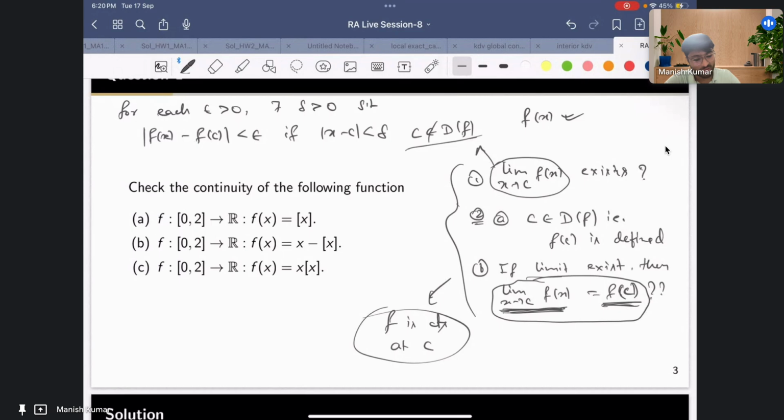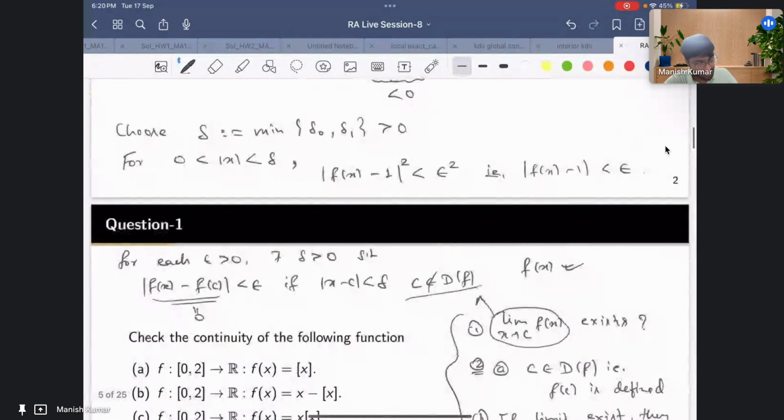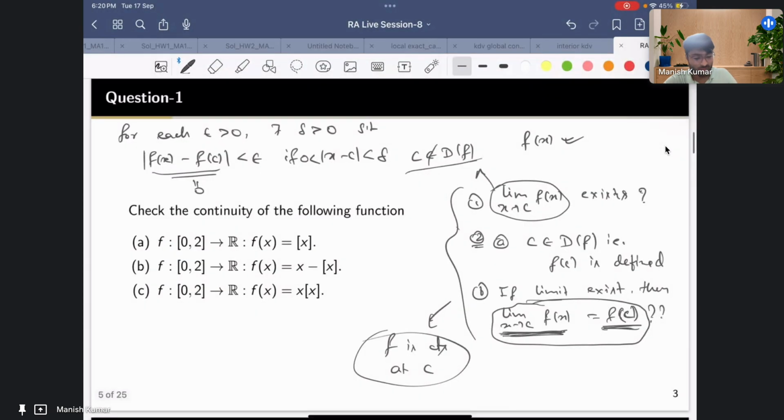If x is equal to c, then this is obviously equal to 0, so we don't need the condition that mod x minus c should be strictly greater than 0. Because the function is defined at c, if I put x equal to c, it will be just 0. So that's what continuity means. I hope you understood.